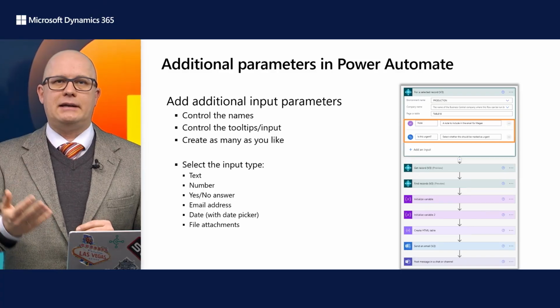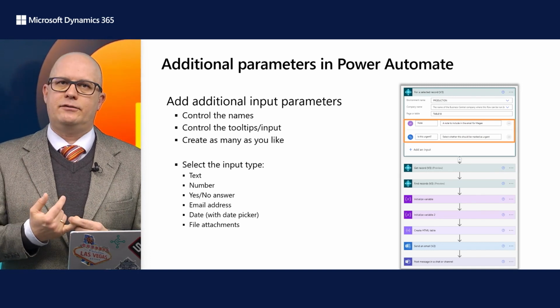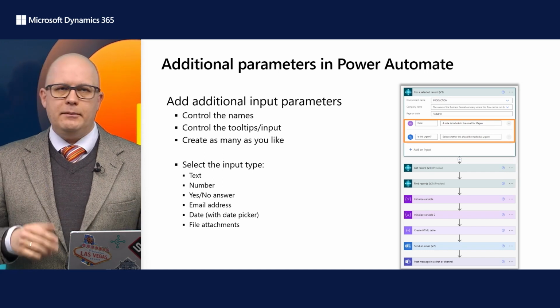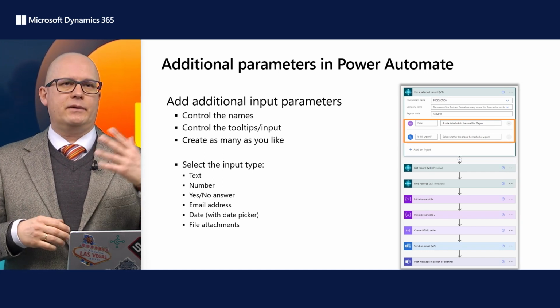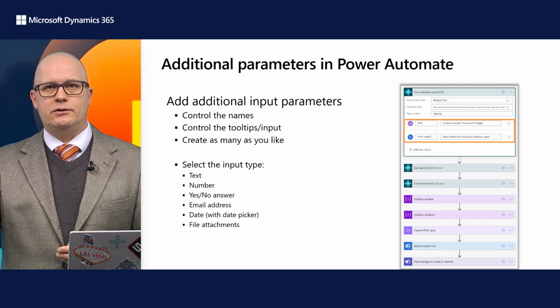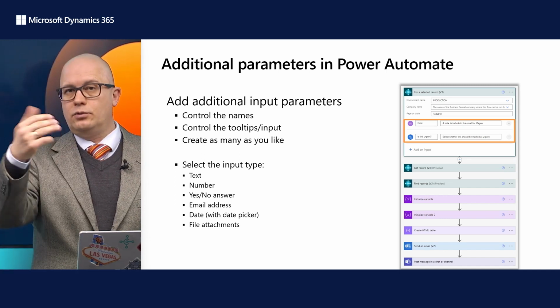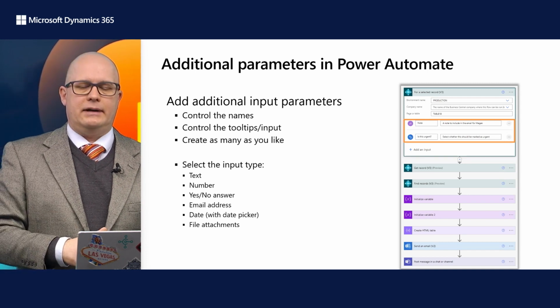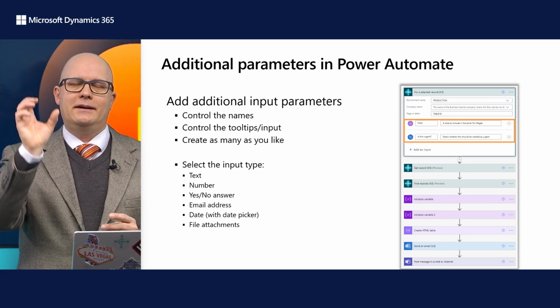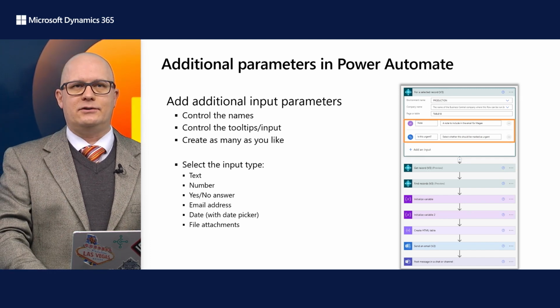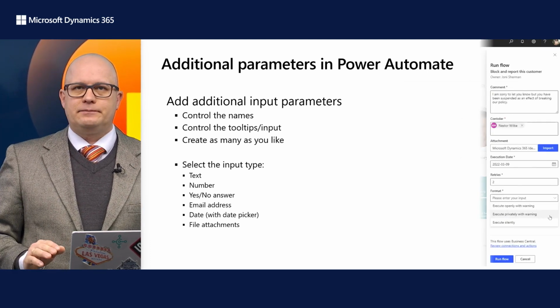And you can also define specific types. It could be a text field or number, a yes/no answer, an email address, a date, and even a file attachment. So you can attach a file and send it to the flow, and then the flow will take over, right? So imagine you can build additional UI that is linked to Business Central in an easy way.